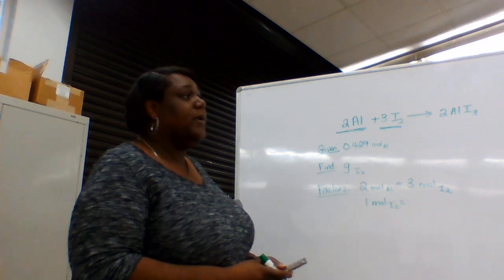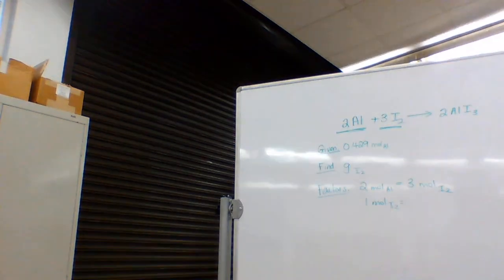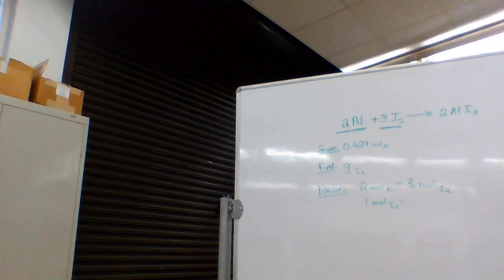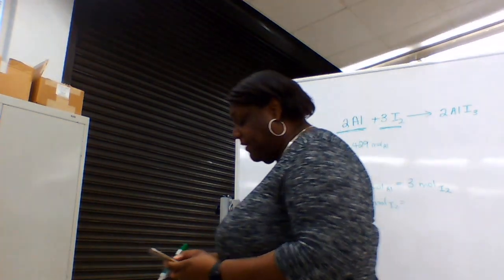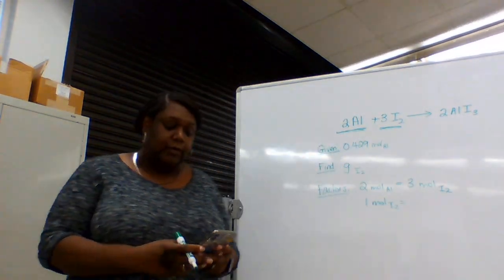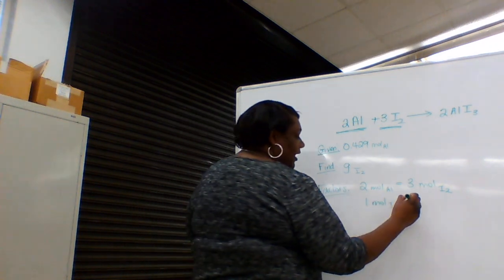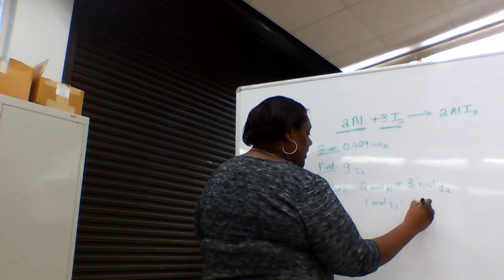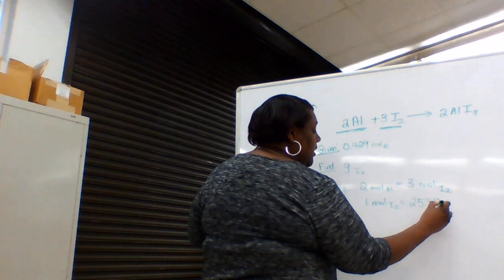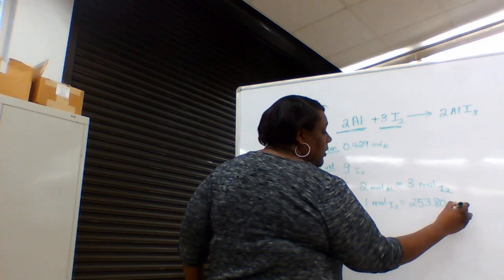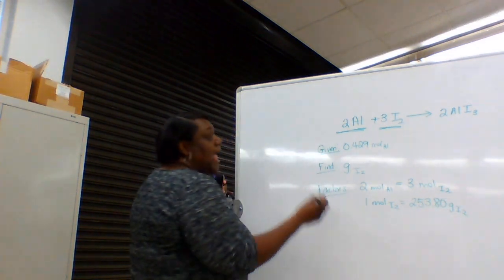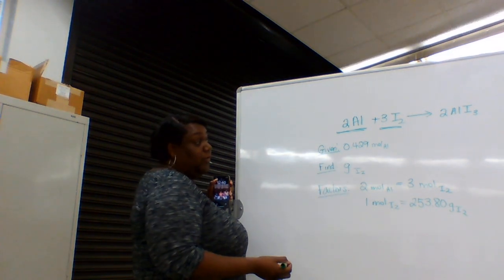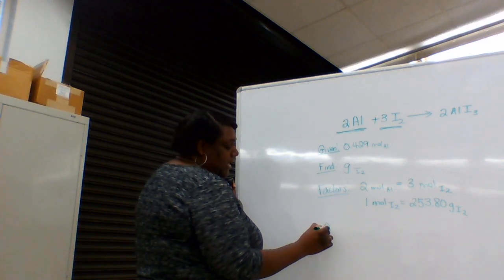So when I look at the periodic table for iodine, that mass is 126.90. And I've got to multiply that by 2 because there are 2 of those. So my mass for iodine is going to be 253.80 grams.